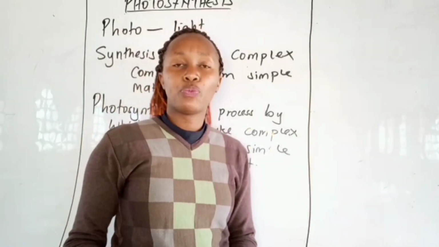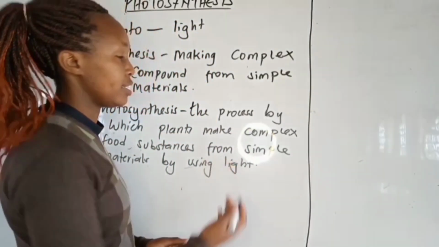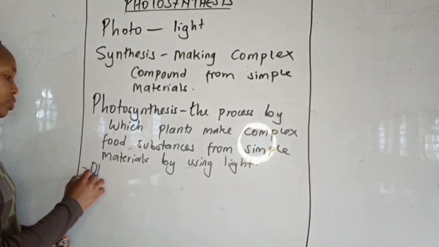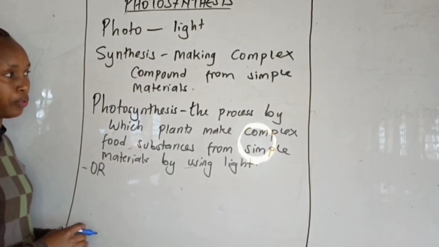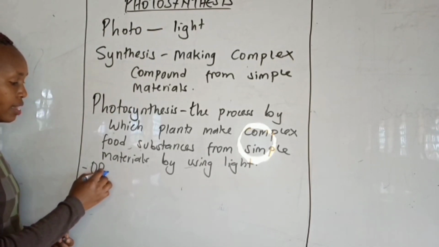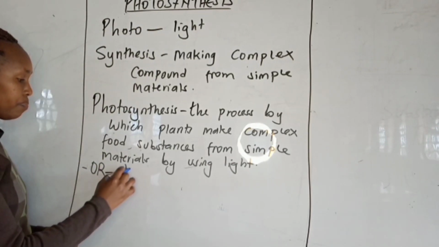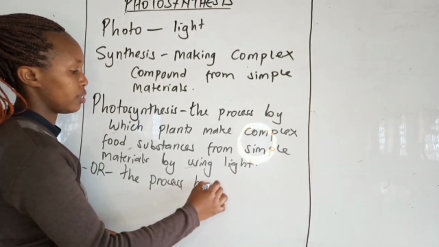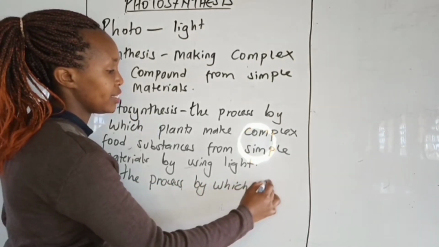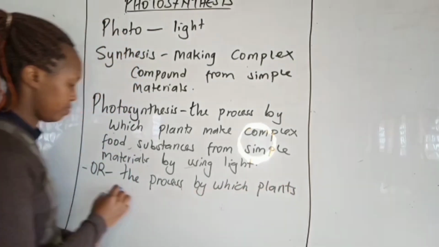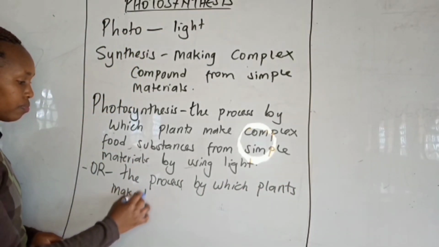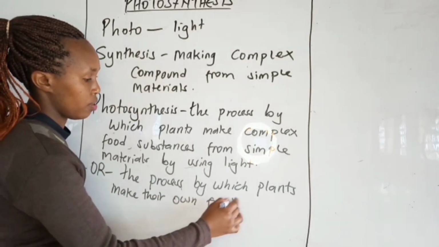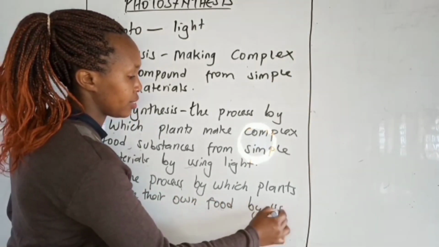There are so many ways people define photosynthesis. This is the major one, but other people like to say, so I can say all. Another way you can define photosynthesis is the process by which plants make their own food by use of light.